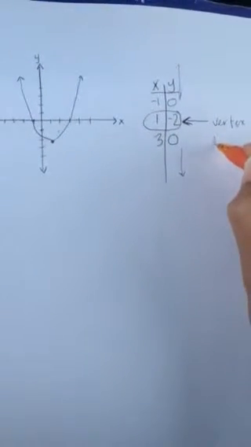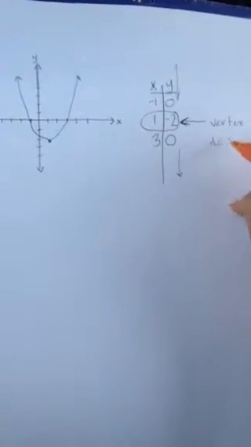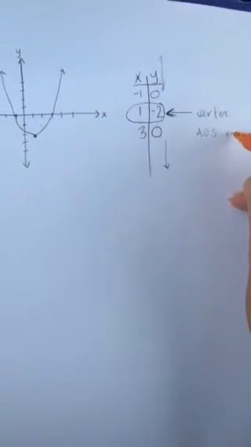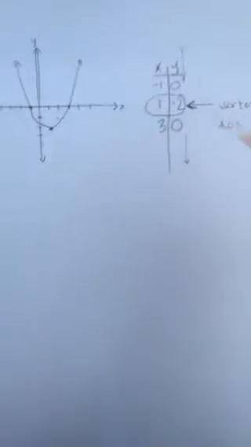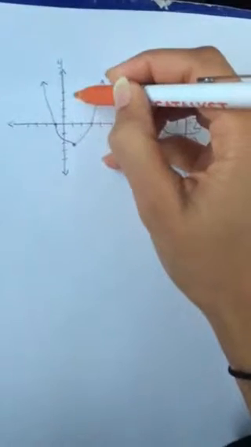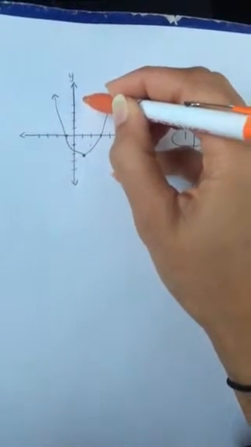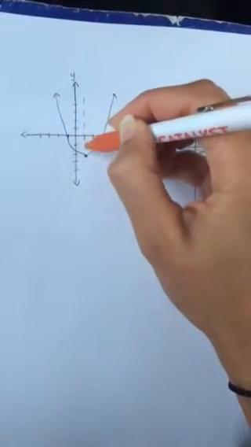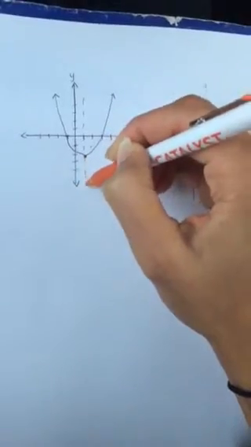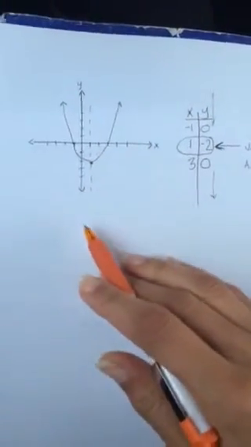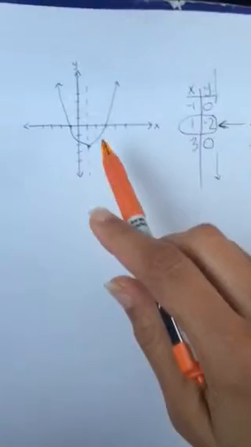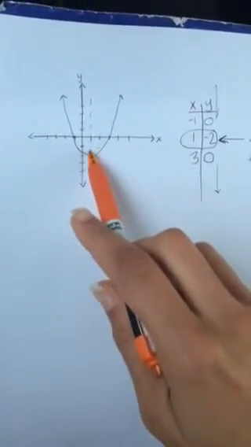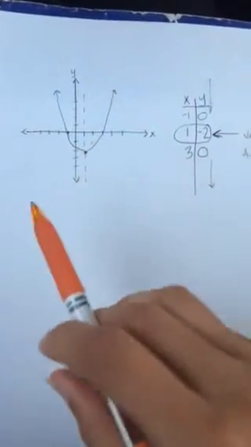So our axis of symmetry is x equals 1. Pretty easy. It is going to be a straight vertical line that pretty much cuts this parabola right in half and gives you 2 symmetric portions.